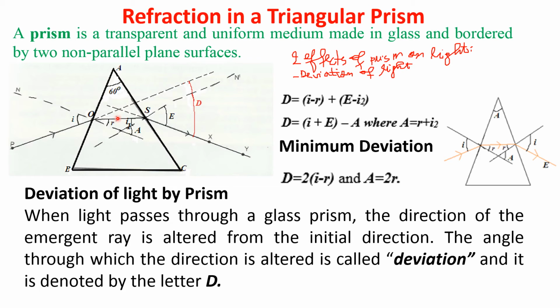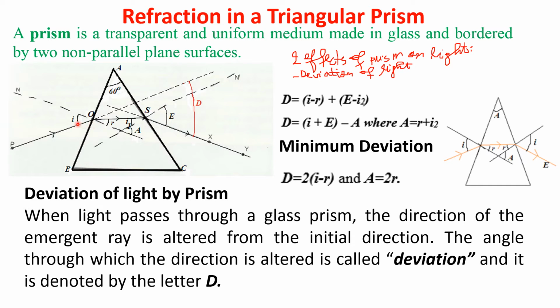This refracted ray plays a role of incident ray to the second point of incidence E. When the light reaches the interface between glass and air, the light ray will emerge along this emergent ray, and by making an angle of emergence E with normal 2.